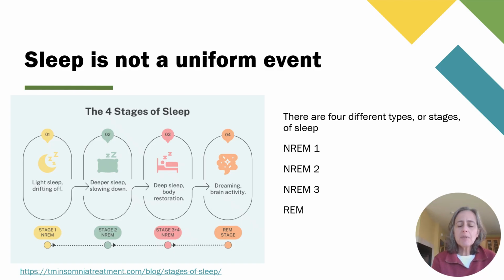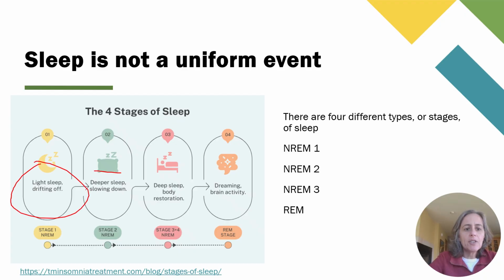So they are subdivided into REM, or rapid eye movement sleep, when you're having those rapid eye movements underneath your eyelids, and then non-REM or NREM sleep. So the non-REM sleep, there are 3 different stages. The first one is what usually happens first in a night, and that is kind of our light sleep where we're drifting off.